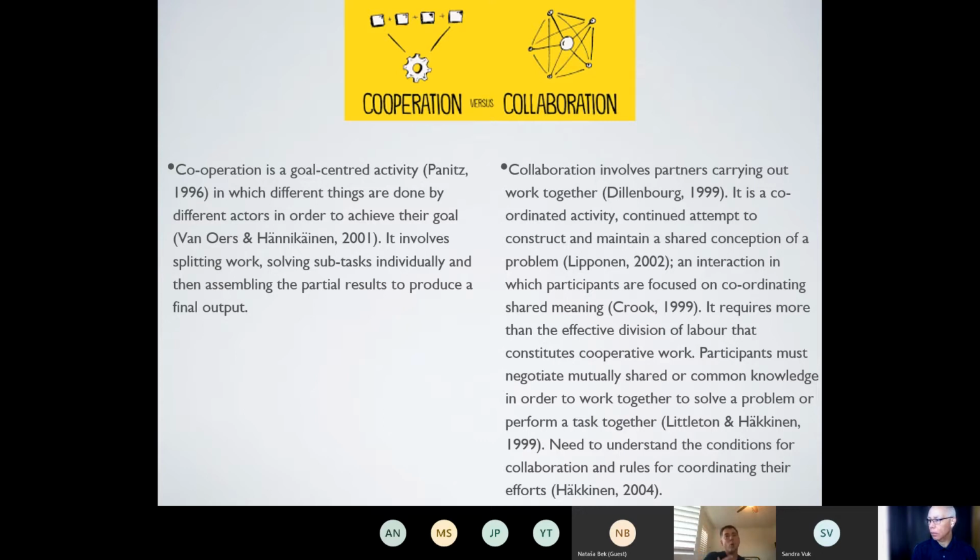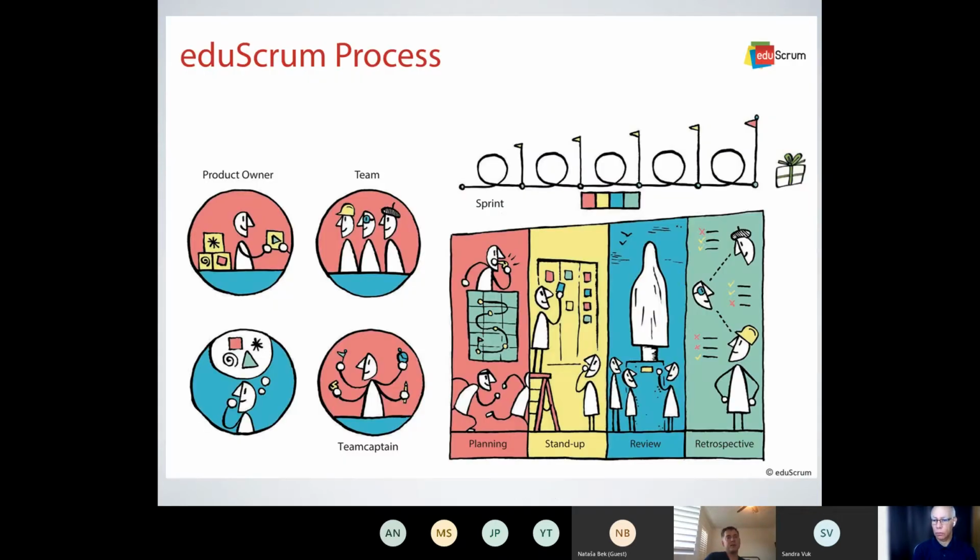Those are qualitatively different processes, and what we try to do is to really foster both of these. Okay? And I want to share a little more about the process of Eduscrum, and then I'll share with you how we can use the Teams tool to facilitate that.